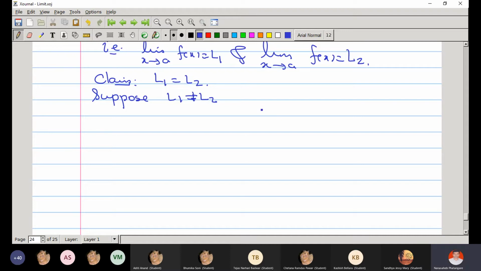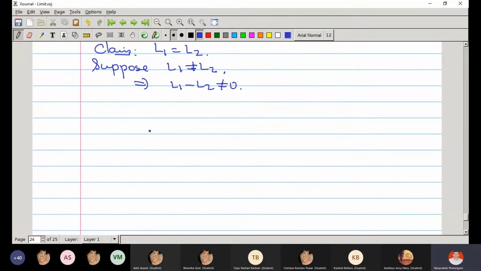Then we'll get a contradiction, right? So therefore, L1 minus L2 is certainly non-zero. It might be positive or negative, we don't know, but it is non-zero if we assume L1 is not equal to L2.